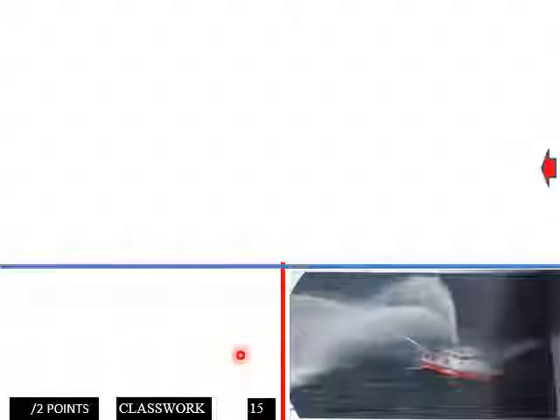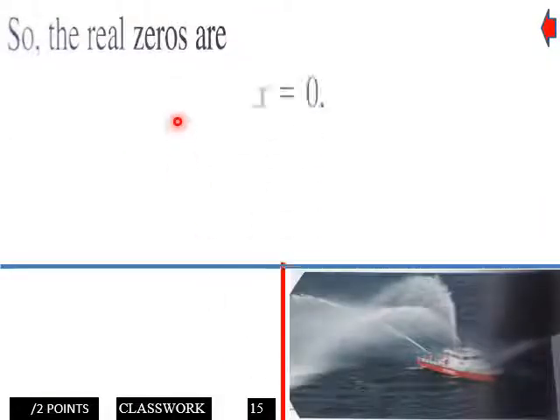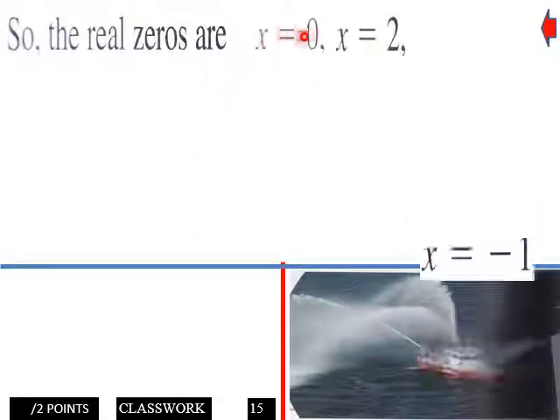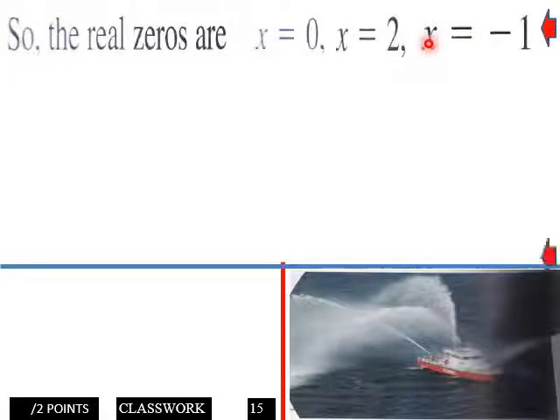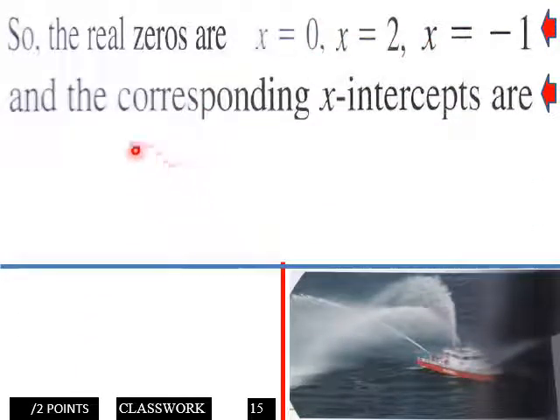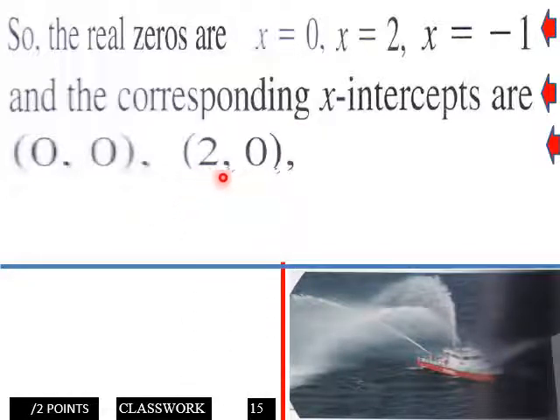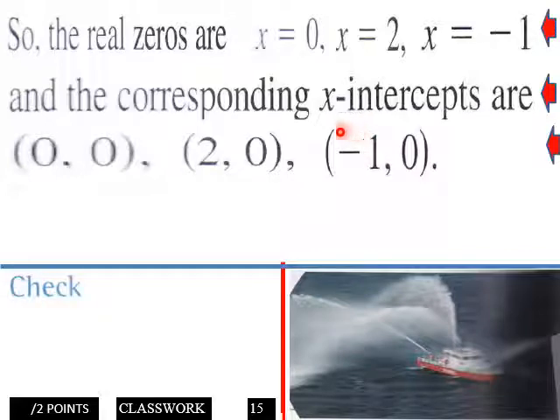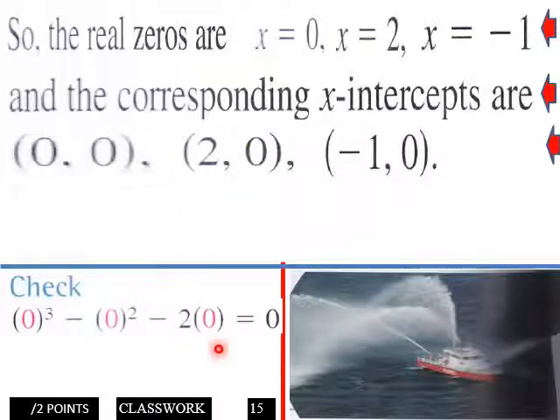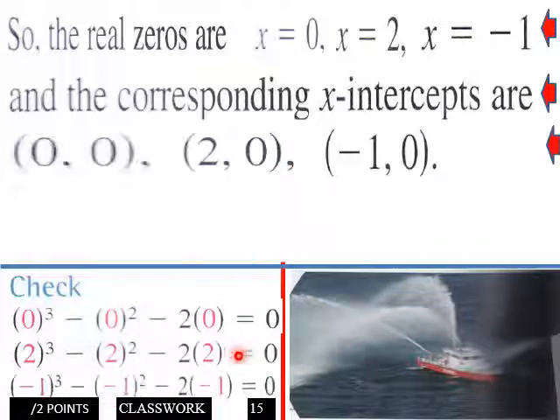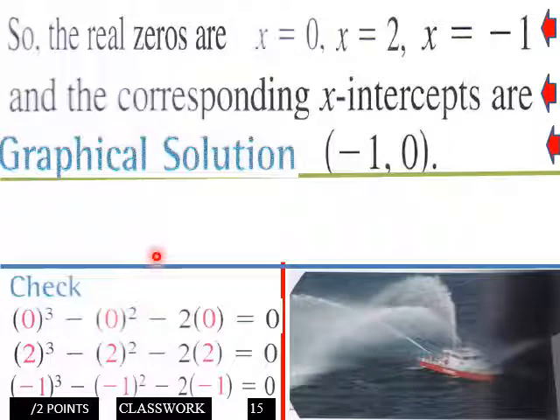So after we've done that algebraically, we can say the real zeros are x equals 0, x equals 2, and x equals negative 1. And the corresponding x-intercepts are (0, 0), (2, 0), and (-1, 0). We can get that from factoring, and then we go back and see if these are actual solutions. We put them back in, and they all check as solutions.